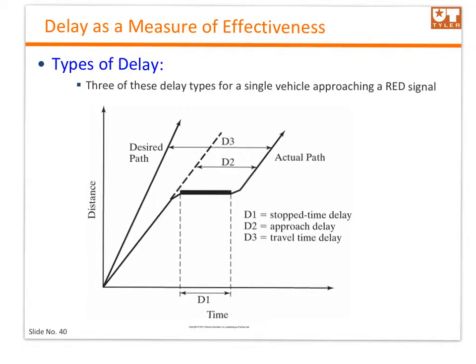Once the red light is done, it takes me a little bit of time to get back to the actual path, and the difference between this dashed line, which was the desired path, and the actual path, D2, is the approach delay. D3 is the entire travel time delay, which is the entire difference between going through the intersection on a green signal and going through it on a red signal.